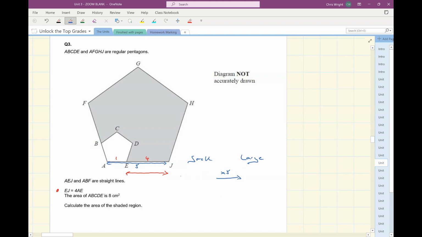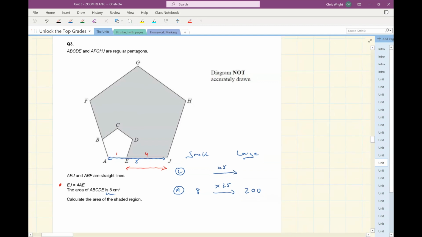Right, once I've got the linear scale factor, I can work out the area scale factor between the two pentagons, which will be 25. So it tells me here that the area of the smaller pentagon is 8, so the area of the larger pentagon is 8 times 25, 200. Now, does that answer the question?